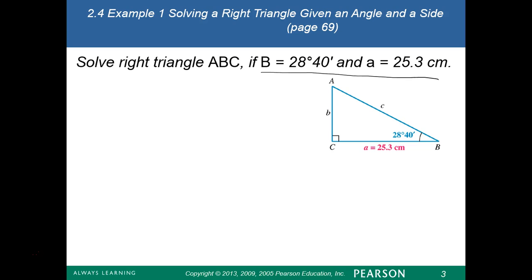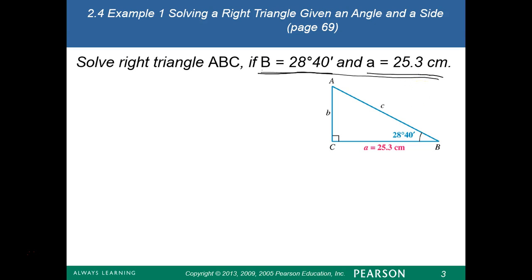And then determine what all you need to figure out. So in this triangle, we are given that B is equal to 28 degrees and 40 minutes, and that's your angle B. And then side A is 25.3 centimeters.